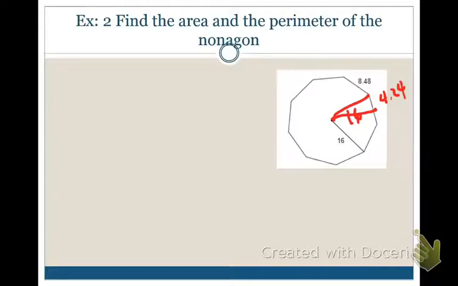Well, that's kind of murky. Let me redraw that over here. So we know that the radius is 16, and we have to find the apothem, which is here, right? And then this distance of the triangle.